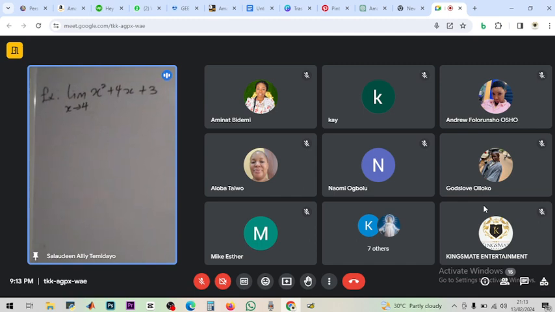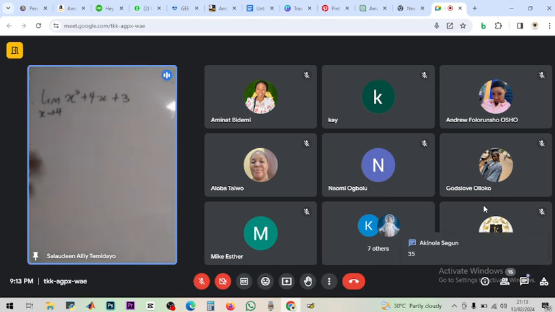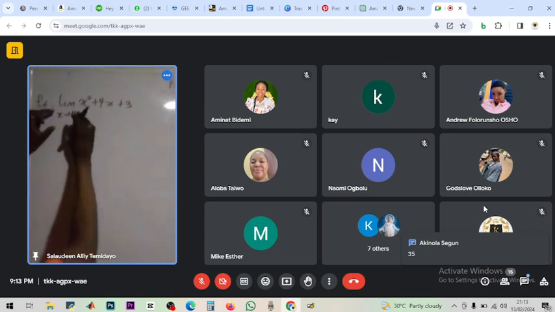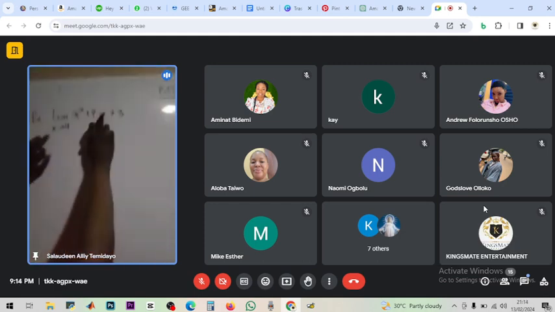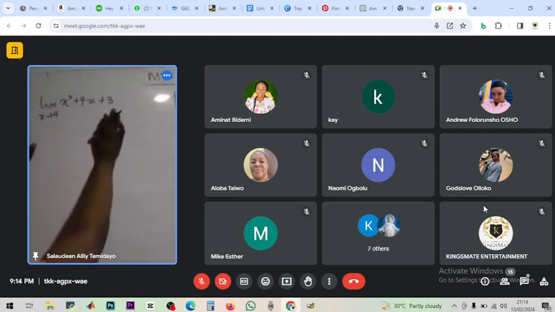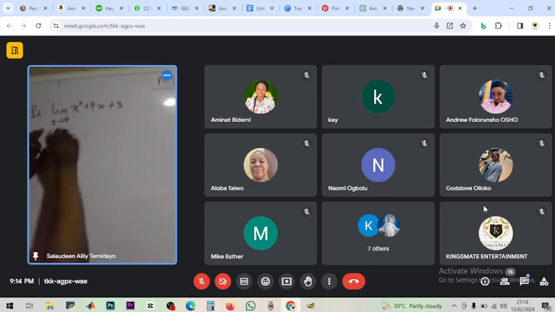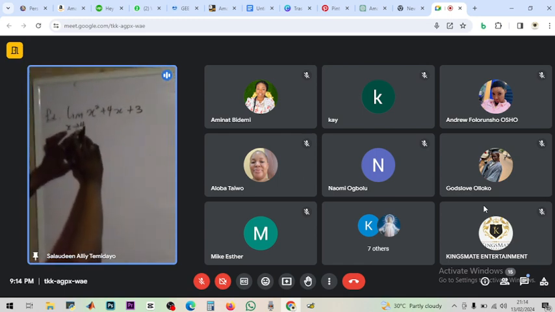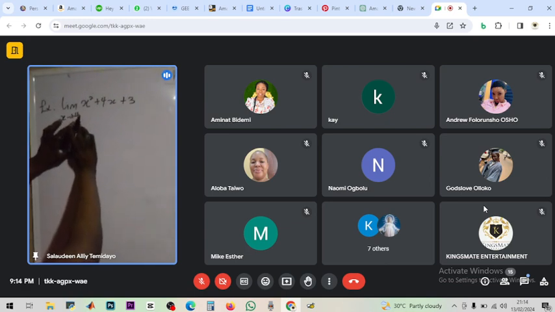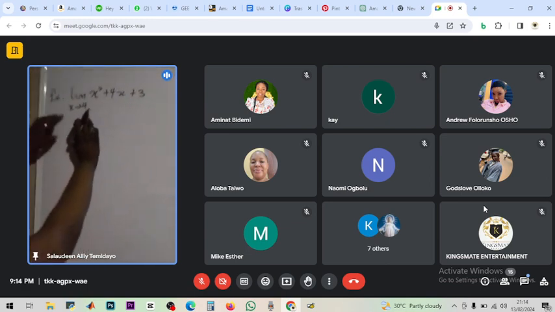We have limit x squared plus 4x plus 3. X is 4, so x squared plus 4x plus 3 is what we are taking. You should limit x to 4, so now just evaluate.